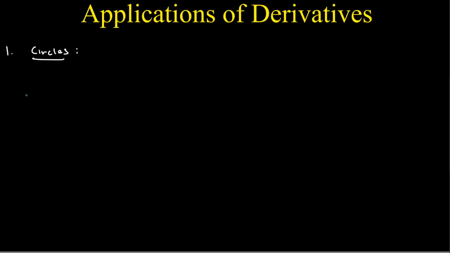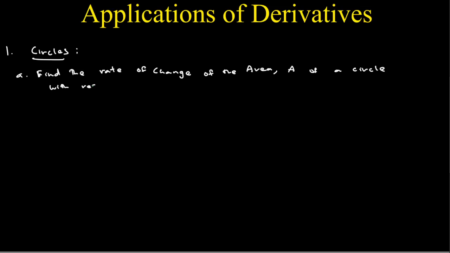So part A, find the rate of change of the area A of a circle with respect to its radius r.